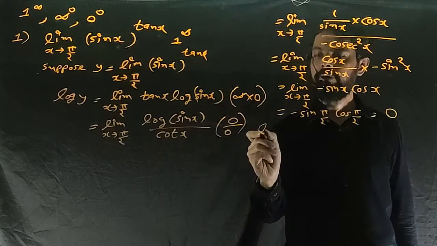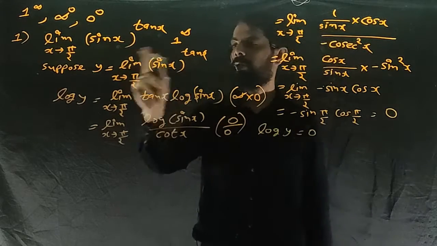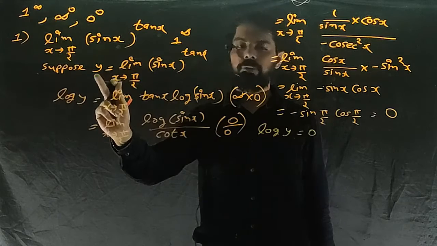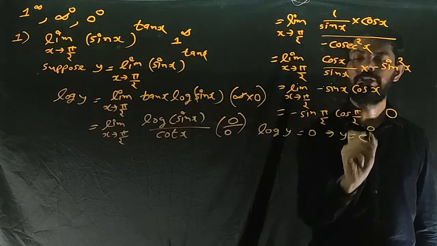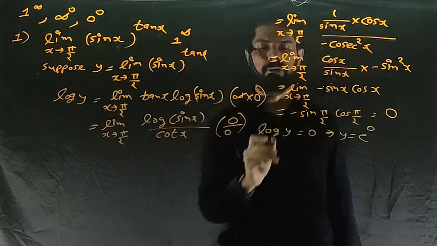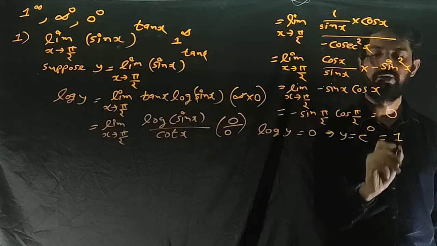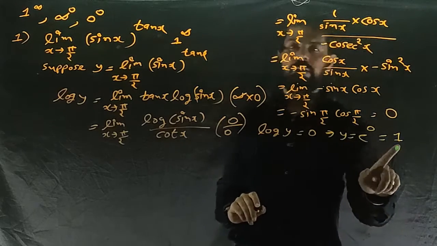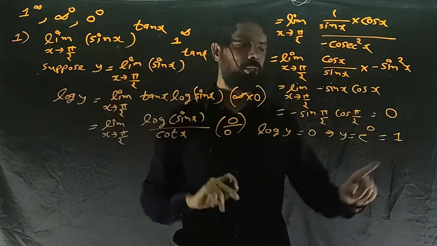So here log y equal to 0, but we have to find this limit. We will have to find the value of y. So y will be e raised to 0, because log y is 0, and e raised to 0 is 1. So value of y is 1. Therefore answer of this question is 1.